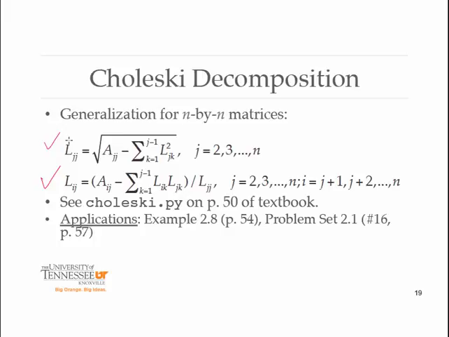If you looked very carefully, you could go back and match all the computations we were just doing for these particular iterations, and you can simply do these summations as simple loop structures in Python. And I'm going to show you the nice Python module called Cholesky.py from page 50 of the textbook that essentially will now compute the Cholesky decomposition very much according to these two loop structures that you see there.